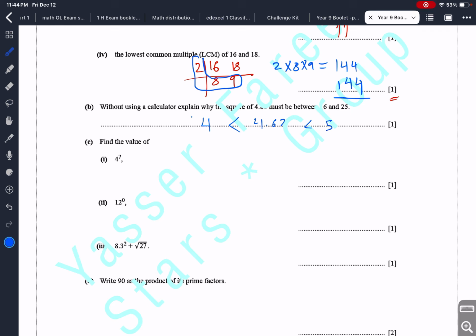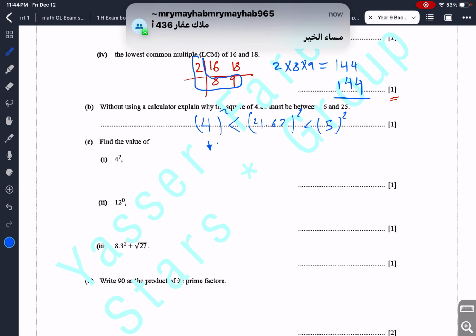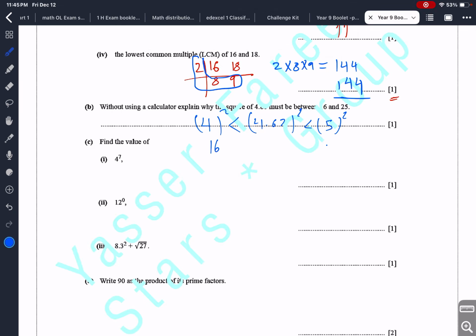If I square these numbers, it would be between 16 and 25. So when we don't use a calculator, we can explain why this number must be between 16 and 25.